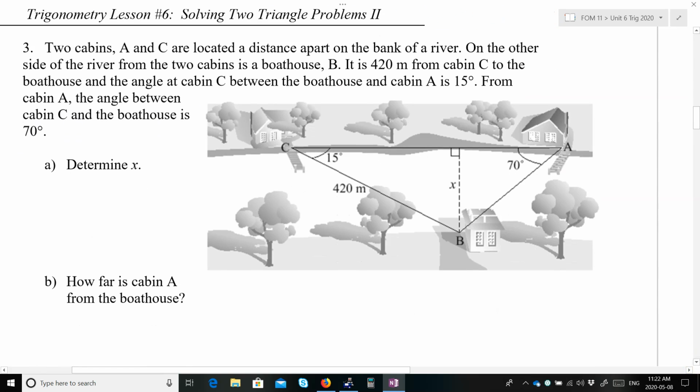Okay, number 3. Two cabins, A and C, are located a distance apart on the bank of a river. On the other side of the river from the two cabins is a boathouse.